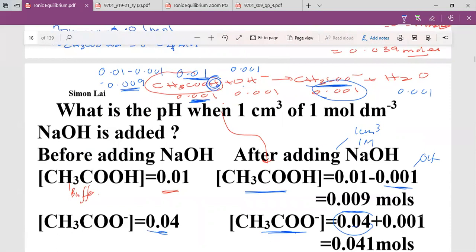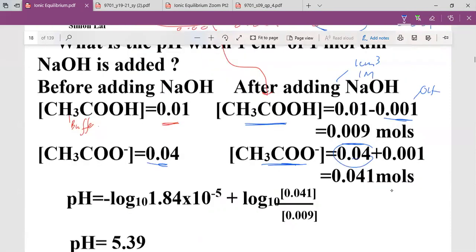So now I got 2 ratios, and these 2 ratios are very important. I put them inside the equation, which is pH equals pKa plus log base 10 of salt over acid, or base over acid. Salt or base is on here, acid is on here.